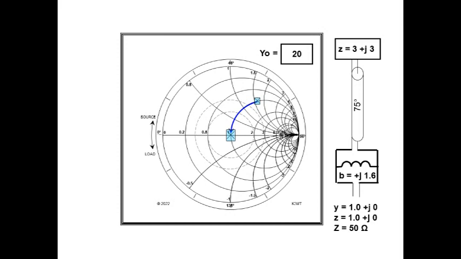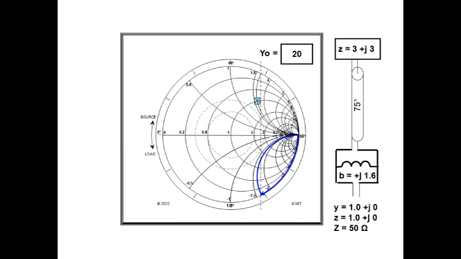But there is another way to do the same thing. Draw the plus J 1.6 arc, and drop a vertical line to the minus J 1.6 point. Then draw an arc about the outer circle, from this point, to the right side, where admittance is infinite.